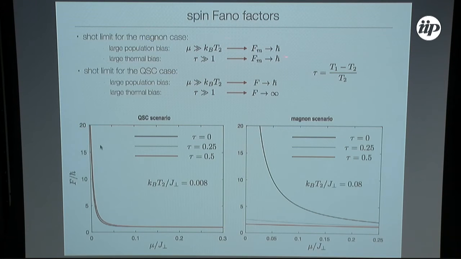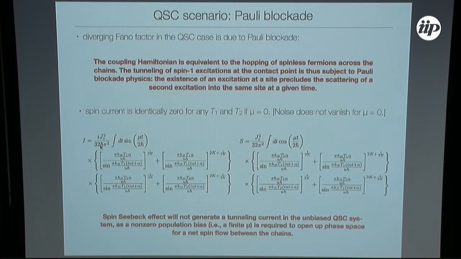Okay, so let's understand what this means. The fact that both of these large bias limits approach h bar and this one doesn't is a direct consequence of Pauli blockade physics. So this diverging Fano factor in the quantum spin chain case is Pauli blockade. You have a coupling between two spin chains, but if you map the coupling Hamiltonian between the two spin chains to Jordan-Wigner fermions, you can map it to tunneling of fermionic quasi-particles.